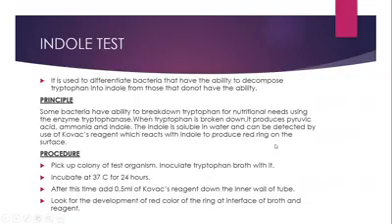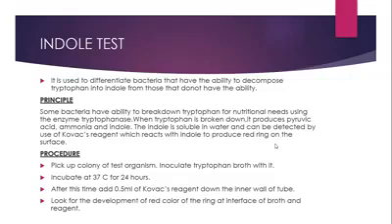Now the procedure. First of all, I'll tell you the materials that are required in all the coming tests as well as this one. First of all, we need the test organism that is to be tested. Then we require an inoculating loop to pick up the colony, a Bunsen burner to sterilize the loop, the broth which is specific for each of these tests, and an incubator.